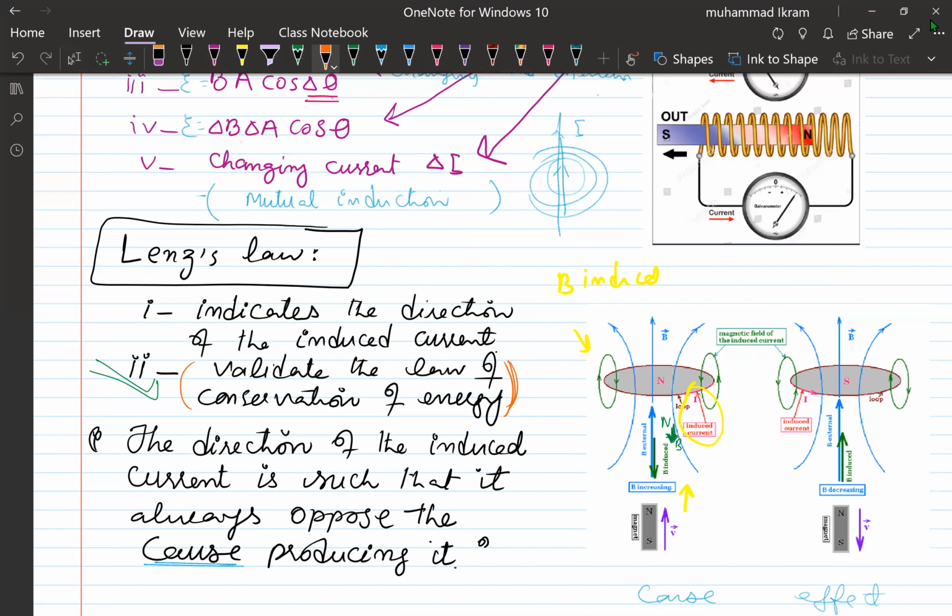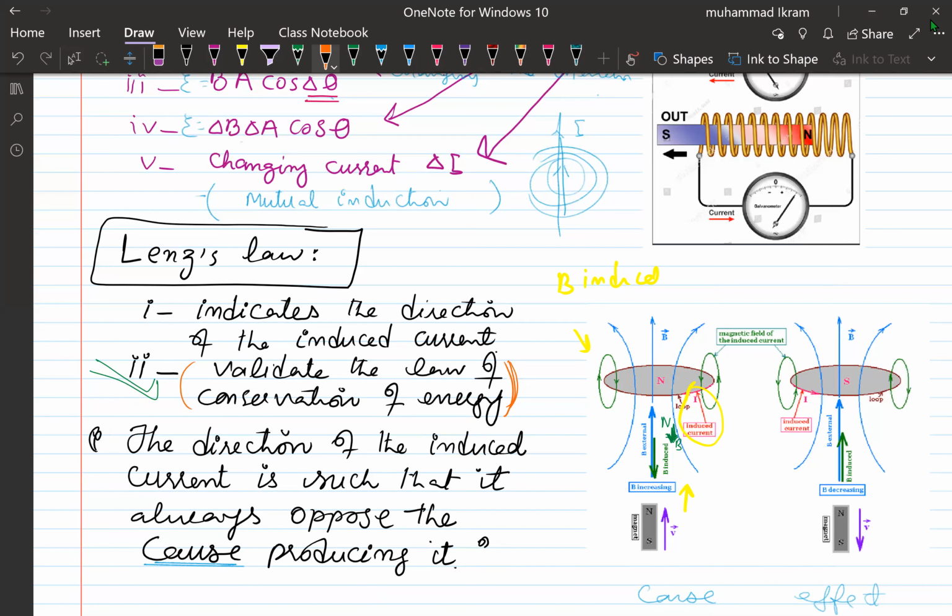Remember, this is not a situation where this generator produces electrical energy for us. Rather, this is a kind of converter which converts mechanical energy into electrical energy. And the changing magnetic flux does this. Clear? Now, when you move the magnet away, what happens? The direction of the induced current gets changed, right?